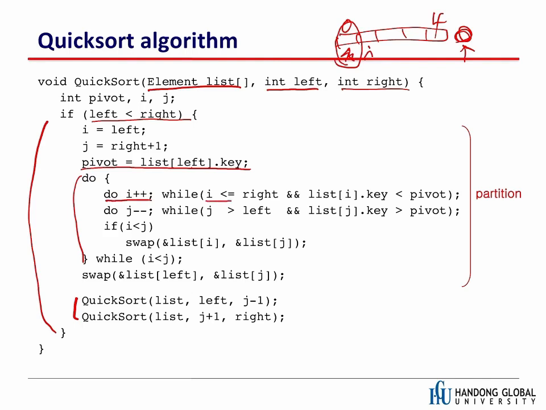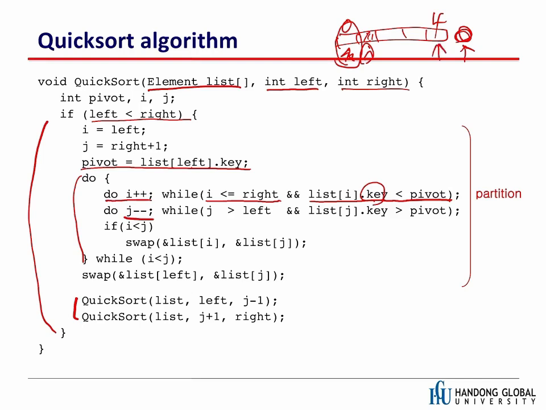We check if i is smaller than right and the list[i] key is smaller than pivot. If this key is larger than or equal to pivot, then we stop there. Let's say this one is larger than pivot, then we stop. The variable i stops here. And for j, we decrease j first.